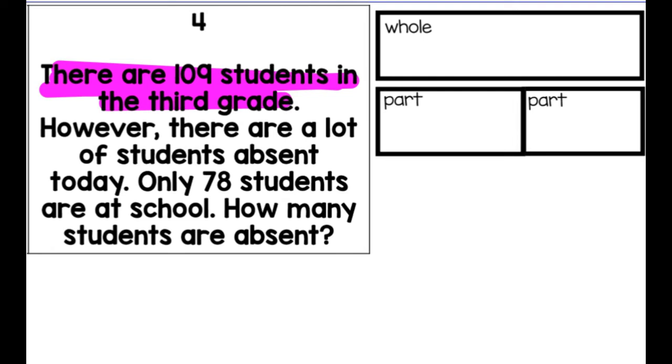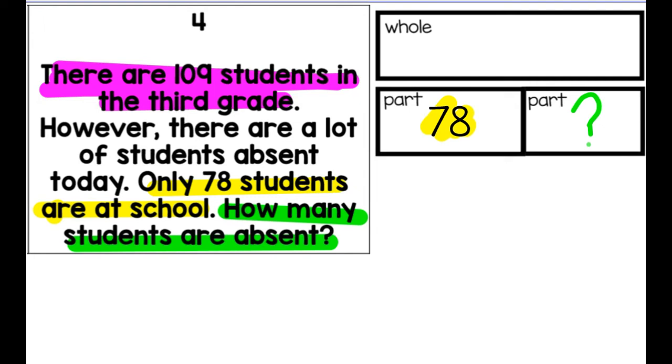Imagine that one day only 78 students came to school. If there were only 78 3rd grade students at school, that would just be a part of the 3rd grade class. The question is asking us to find how many students are absent.